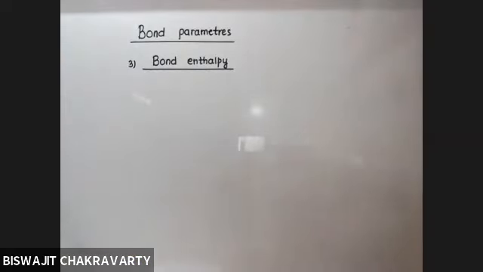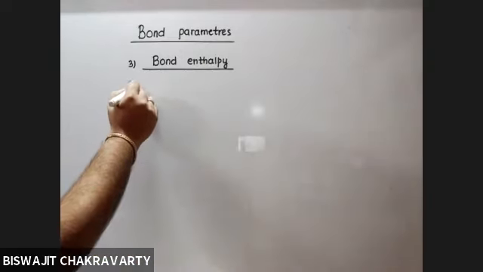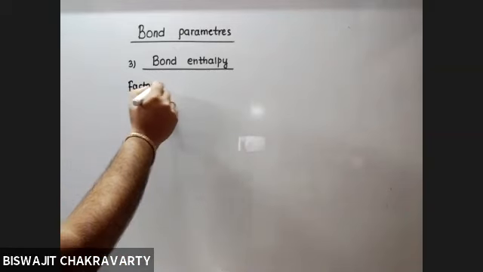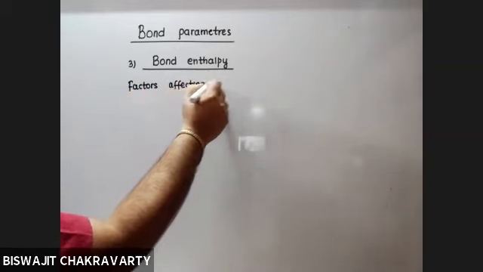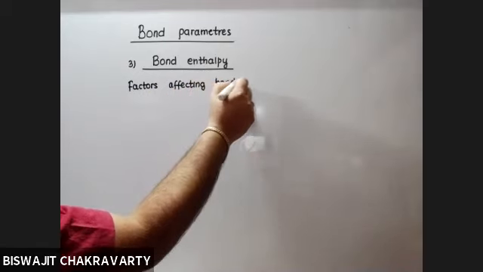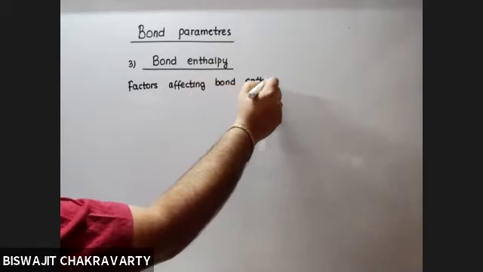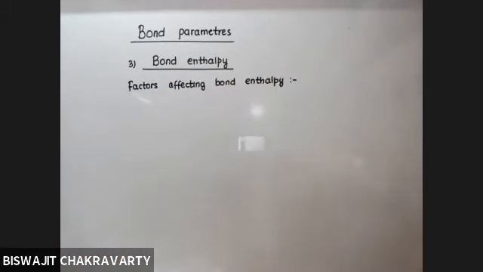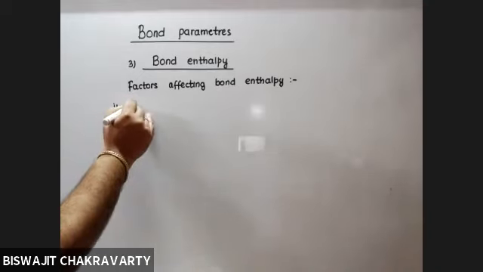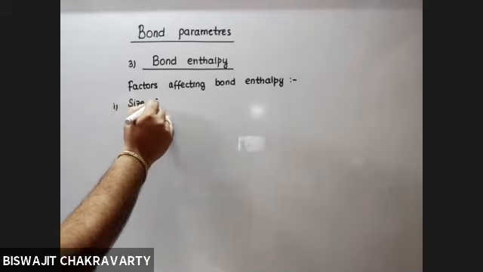Okay. So then we talk about factors affecting bond enthalpy. What are the factors that affect the bond enthalpy? Let us try to understand. Number 1, size of the atoms.